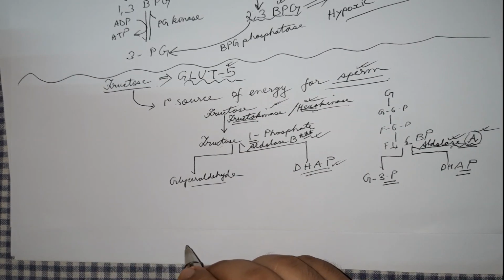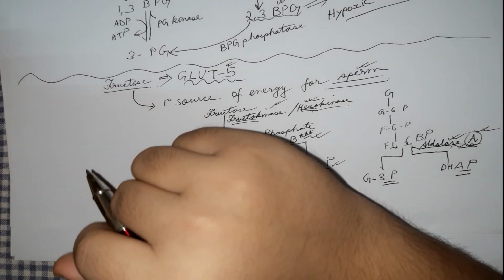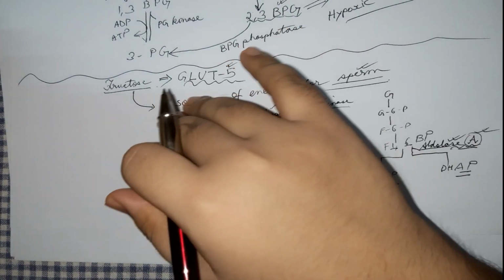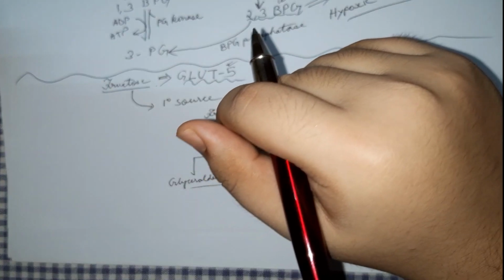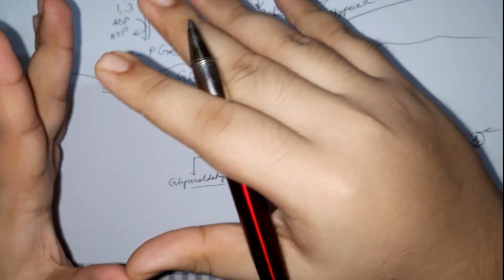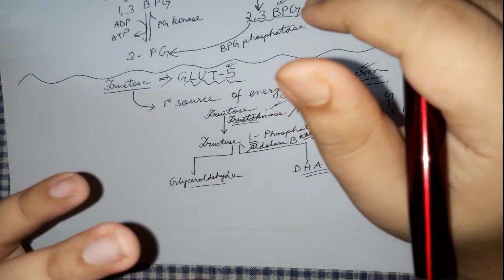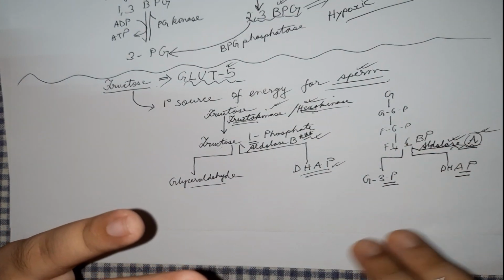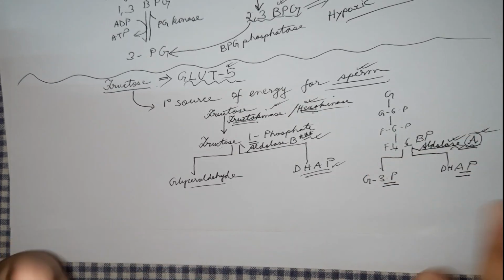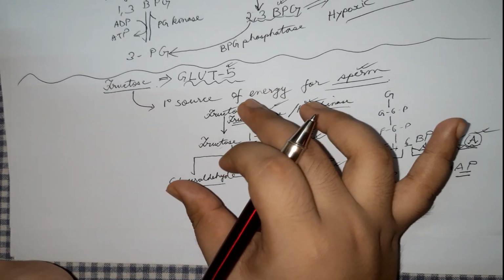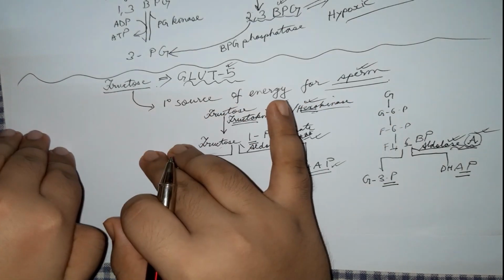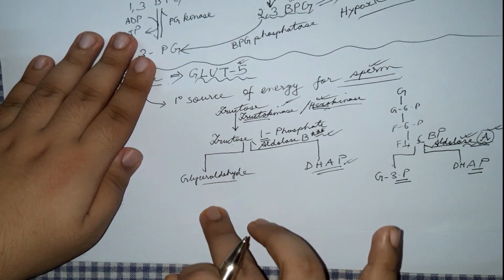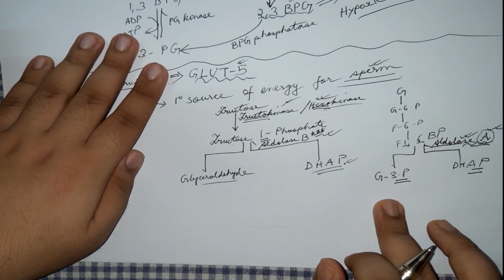So, here is the thing. In both fructose metabolism and galactose metabolism, why are we studying this separately? We are studying them separately only to see how special they are in contrast to glucose metabolism, or glycolysis in this case. The speciality of either fructose or galactose metabolism ends when they form one of the intermediates of glycolysis.